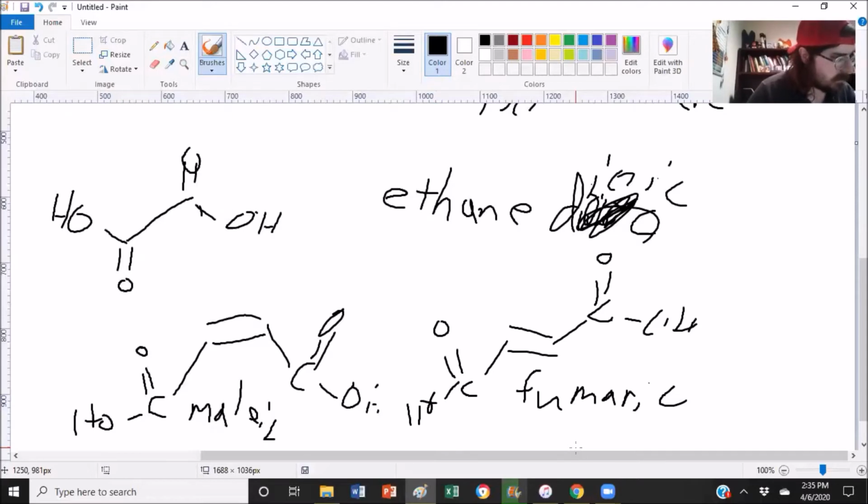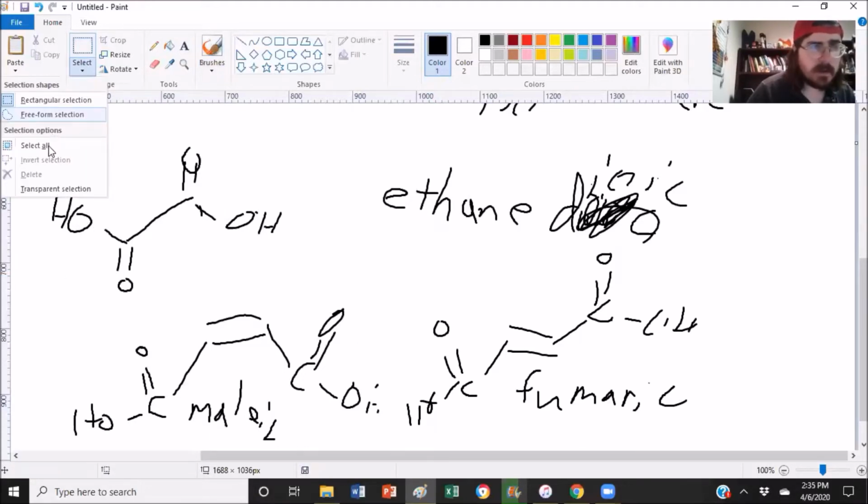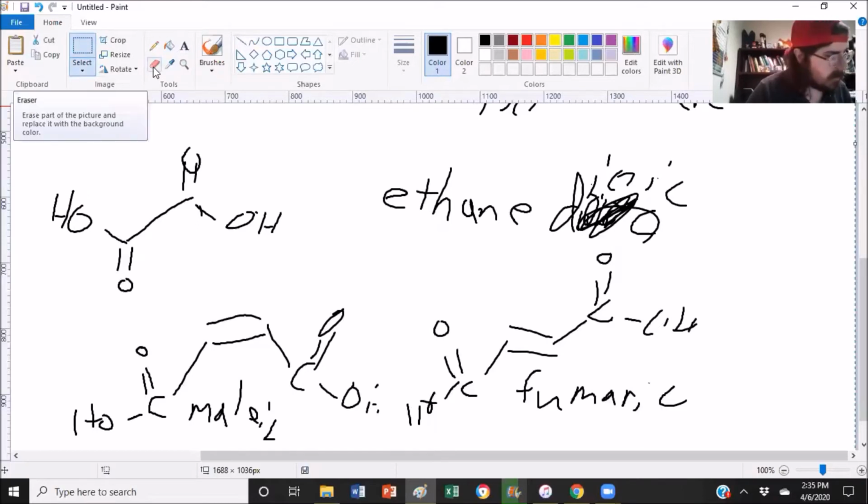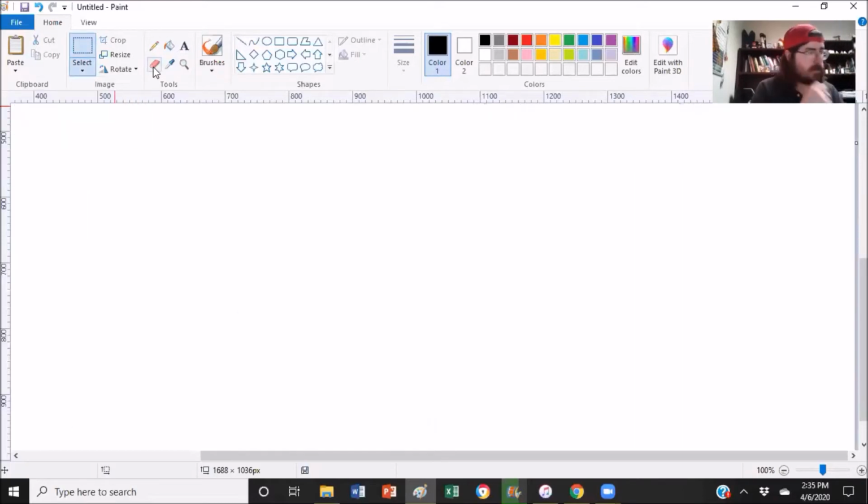So now let's look at some of the properties of these guys. As we consider the properties, the boiling points are typically much higher than alcohols. They are much higher than carbonyls. This is due to a stable hydrogen bond, that you can form hydrogen bond dimers with their own molecule.